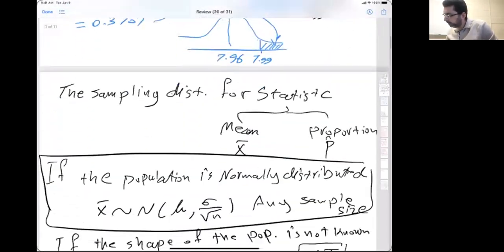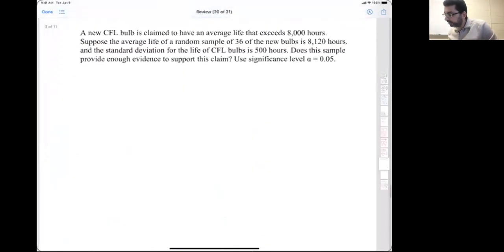Okay, so let's talk about the first example here. A new CFL bulb is claimed to have an average life that exceeds 8,000 hours. So here we're talking about the average life, mu, and here, mu naught. Suppose the average life of a random sample of 36 new bulbs is 8,120 hours.